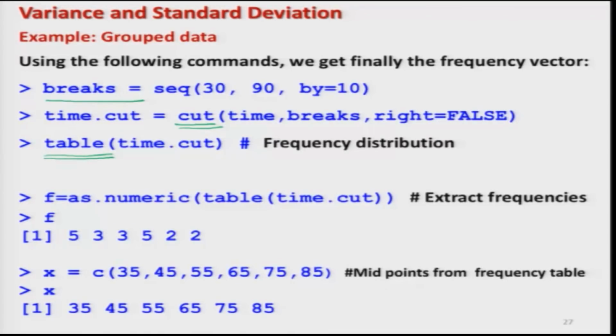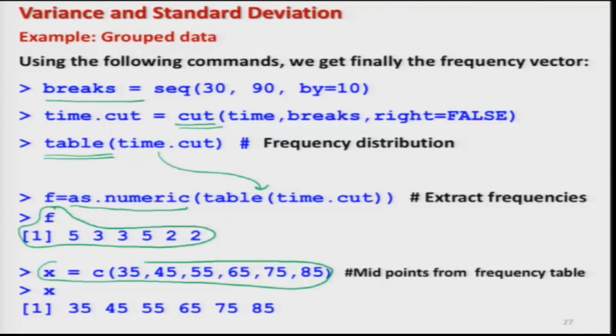After that we applied as.numeric on the data obtained from the earlier command, which gave us the frequency like this one. And we created the vector of midpoints from the given output like this. So now we have obtained the x and f vectors.